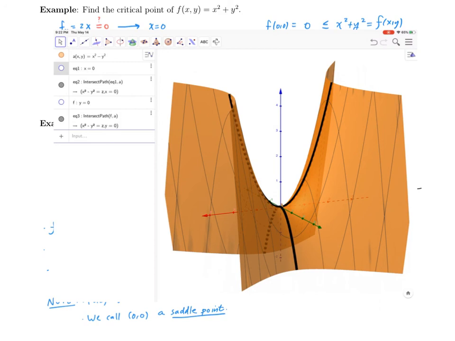And I'd like to finish up this video with an observation. In the first example, we classified our critical point as a minimum purely by graphing the surface and making the observation. Similarly, in the second example, we classified our critical point as being one of these so-called saddle points by a graphical investigation.